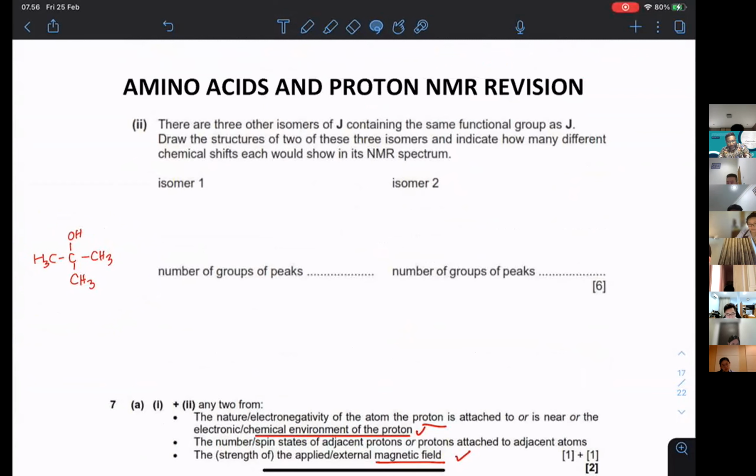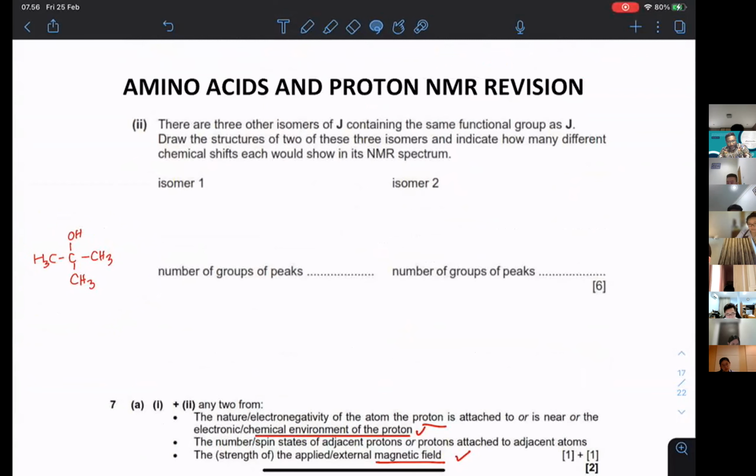Number of peaks: how many peaks will you have? You see, this is one environment. This is going to be another environment. This, is attached to CH3 and then this entire thing, so that's another environment. If you want me to circle, one environment, this one, another one. This one is one environment.